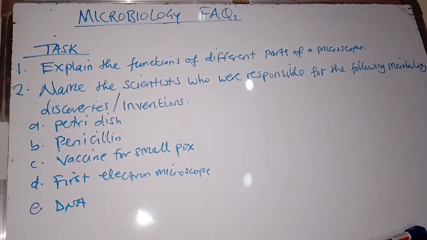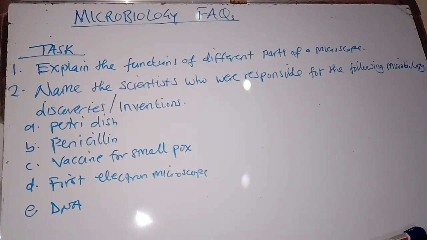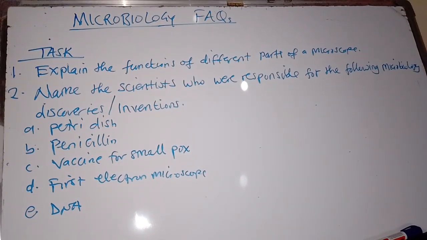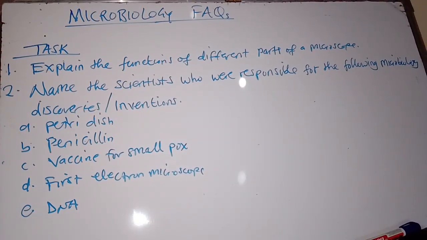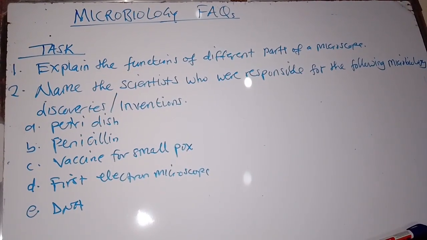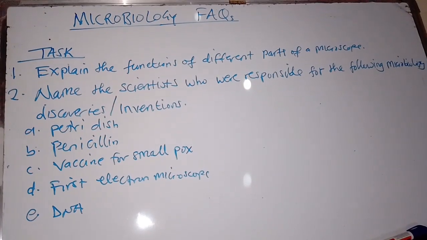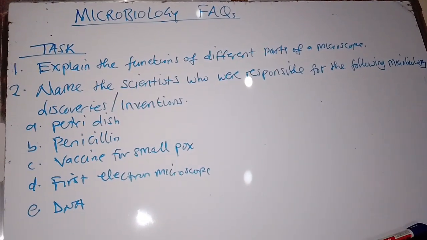So here is the work you need to do, your task. The first one, explain the functions of different parts of a microscope. As a microbiology student, you need to know different parts of a microscope and how to draw it.